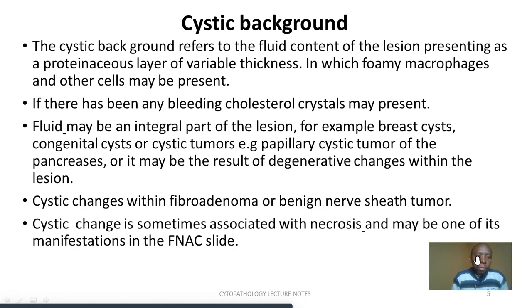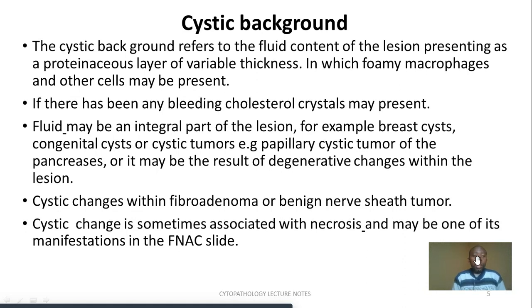So the fluid may be an integral part of the lesion, for example, in breast cysts, congenital cysts, or cystic tumors, e.g. in papilloma, in the papillary cystic tumor of the pancreas, or it may be the result of degenerative changes within the lesion. So cystic changes within the fibroadenoma or benign nerve sheath tumor may also be present.